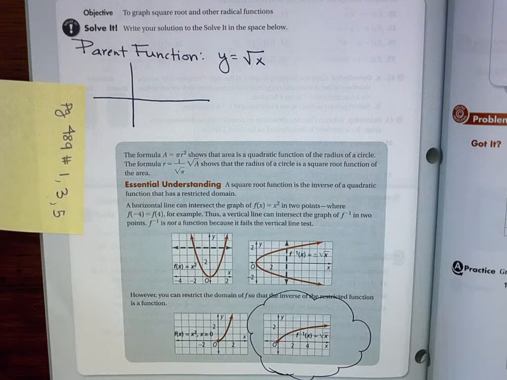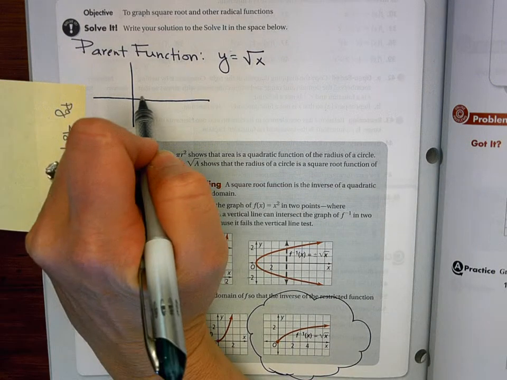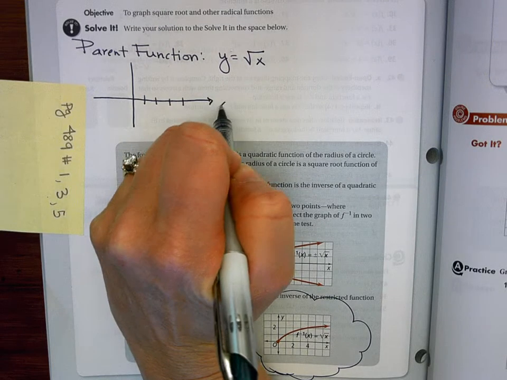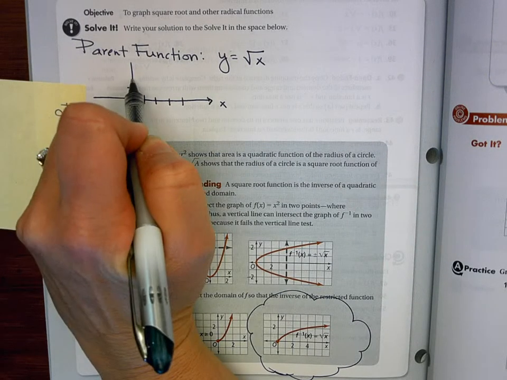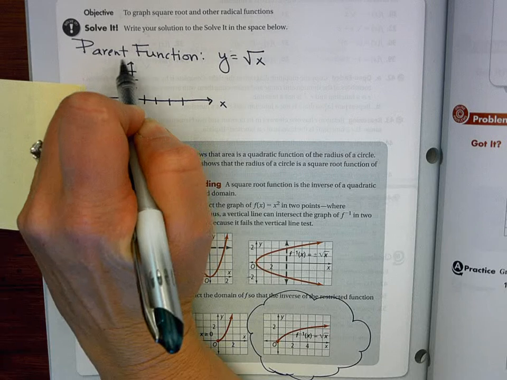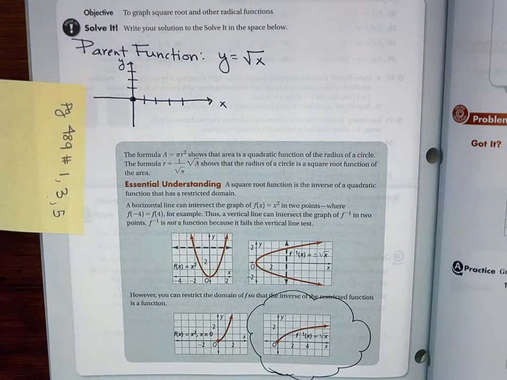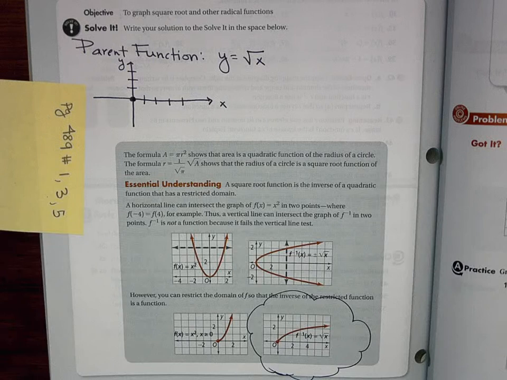Okay, half of a sideways parabola. So I'm just going to count out to 4 on my x, and then up to 3 on my y. So the parent function has that vertex, so the vertex of a parabola is at the origin, 0, 0, so that means it's not shifted.